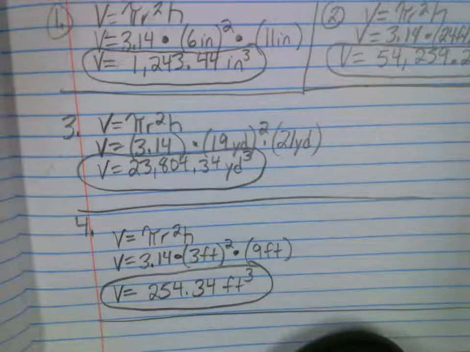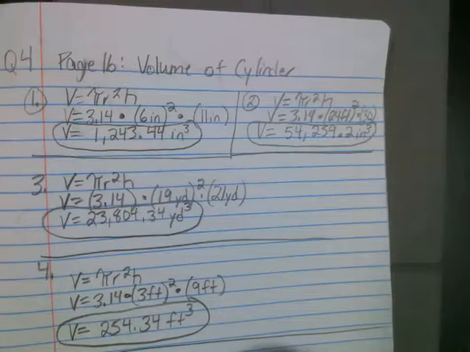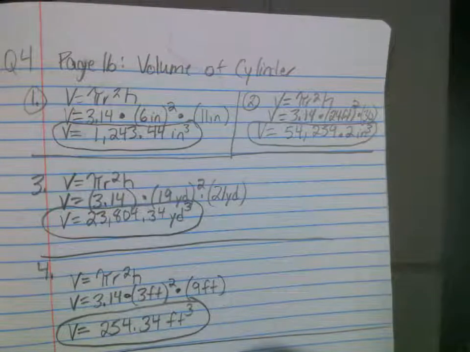It's only 5 problems, but you might want to use it to graph. If you need a marker, just raise your hand and I'll give you one. Any questions? Okay. All right. That's what I need you to work on.